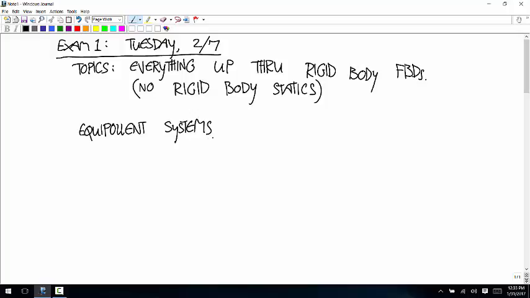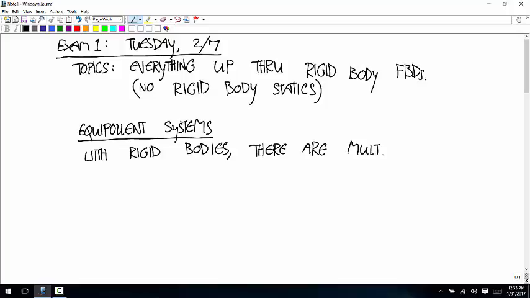The idea with equipollent systems is, with rigid bodies, there are multiple combinations of loads that cause the same behavior.